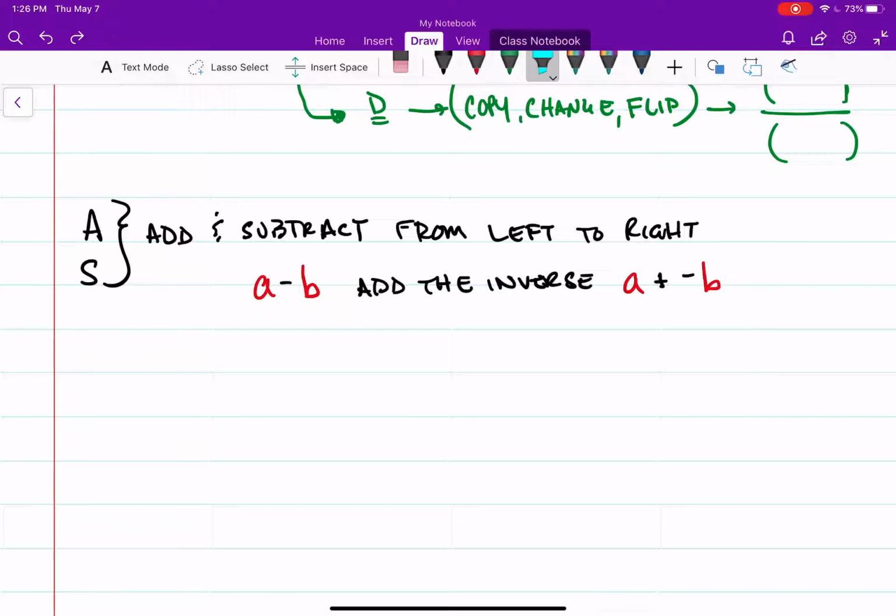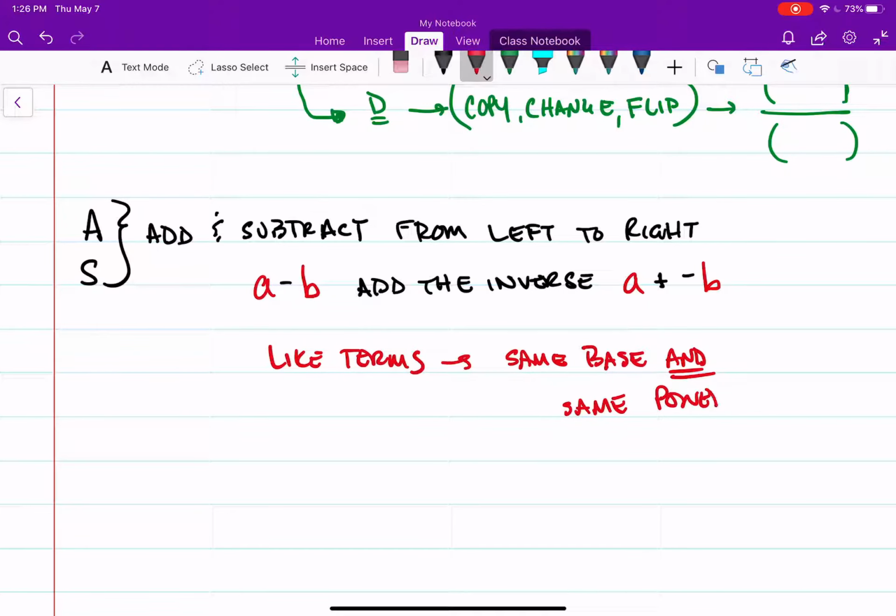All right. And then we also talked about like terms. And we said those had to be the same base and same power, right?